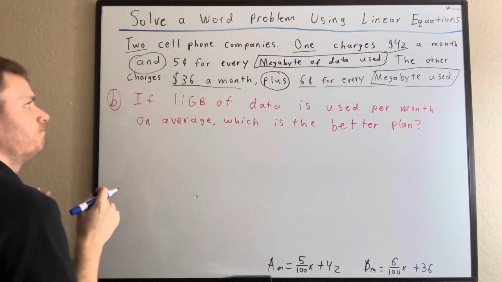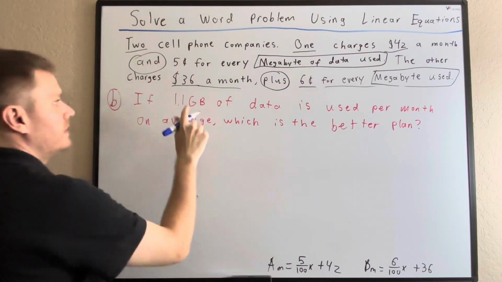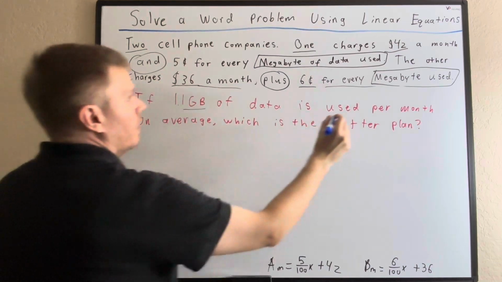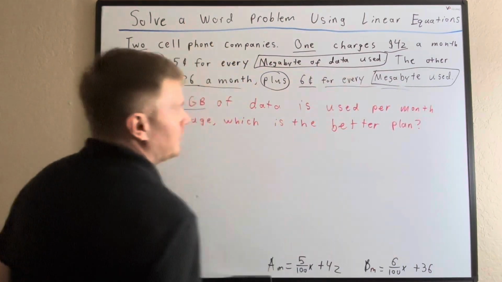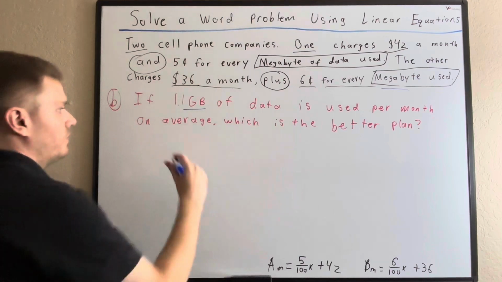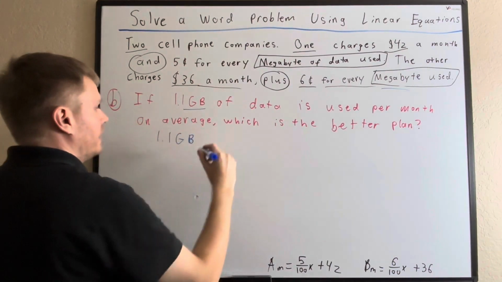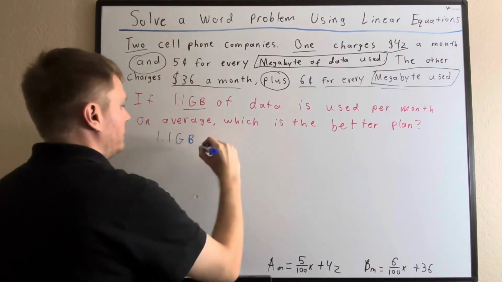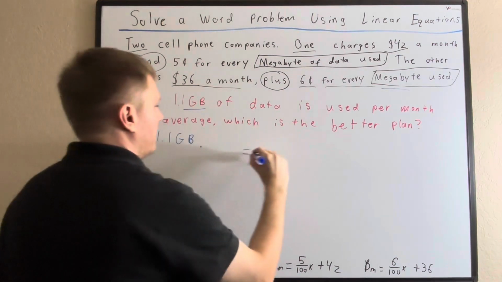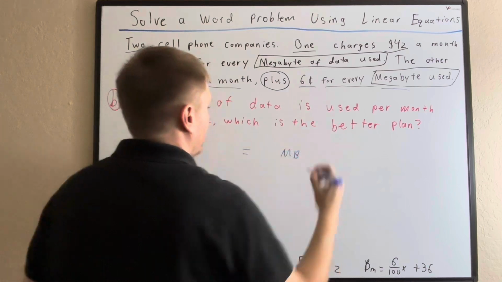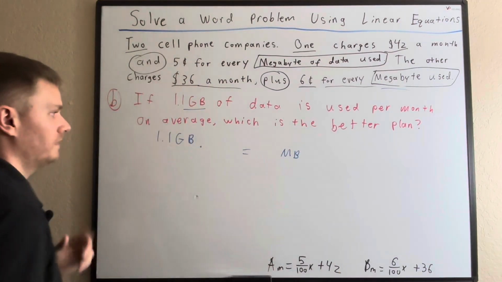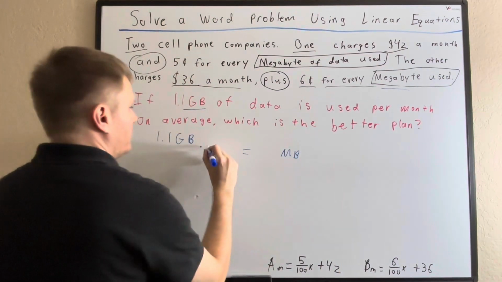But wait a minute. They say gigabytes here. Our formula is in megabytes. So first thing we got to do is switch 1.1 gigabytes to megabytes. How do we do that? Well, there's a thing called conversion math, which I love to do.